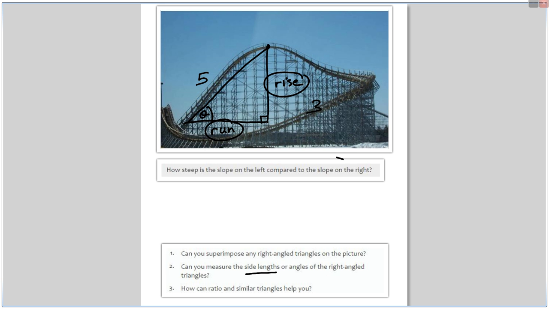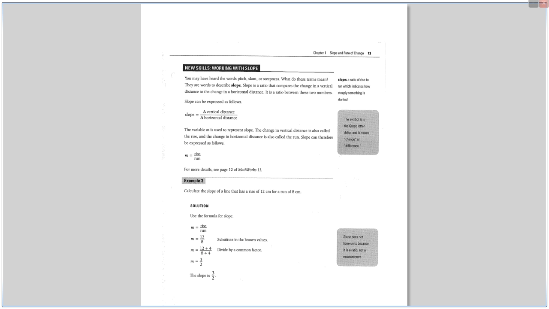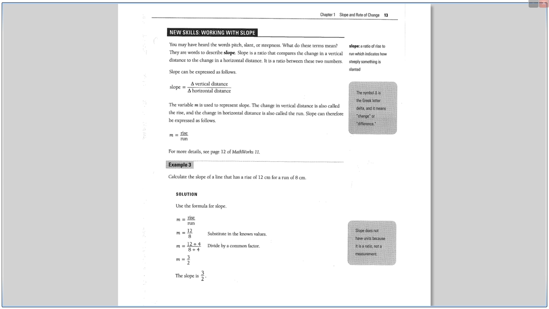Okay, and you don't have this on yours, so you might want to just draw a picture. I would draw a right angle triangle on this page. Draw the right angle in there, and then label the rise and label the run.